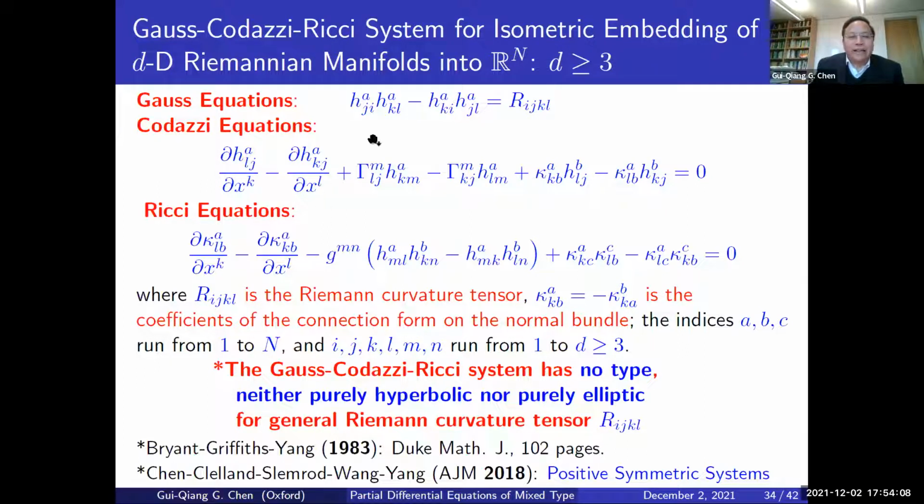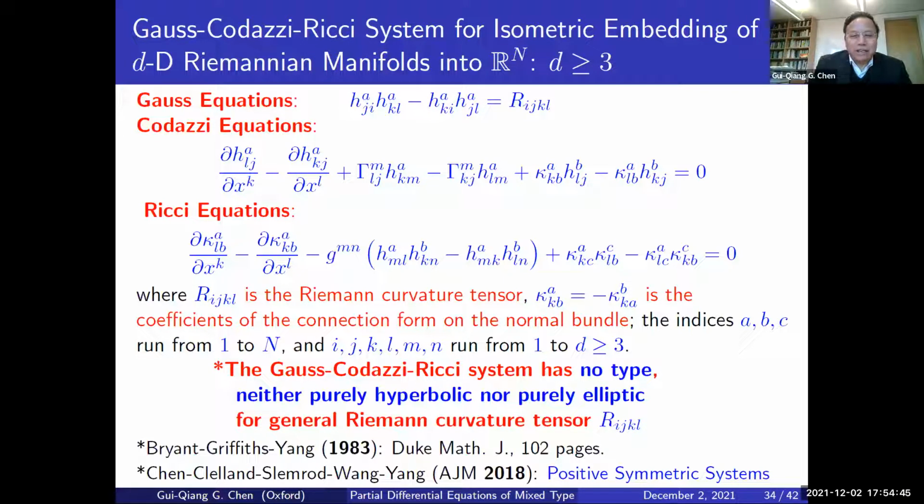This is really, in general, a very big system, and the PDE is of no type generically. It is proved that it is impossible for it to be elliptic all the time, but for mixed type elliptic-hyperbolic, generically it is of no type, neither purely hyperbolic nor purely elliptic, for a general Riemann curvature tensor. Unless you have a restriction on the Riemann curvature tensor, it is generically of no type.